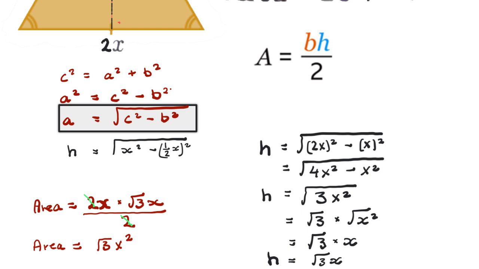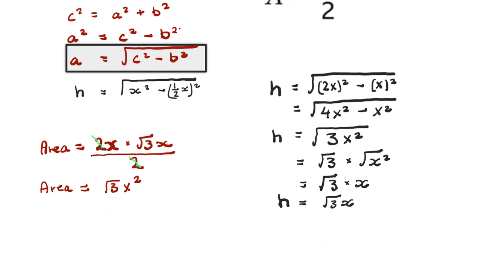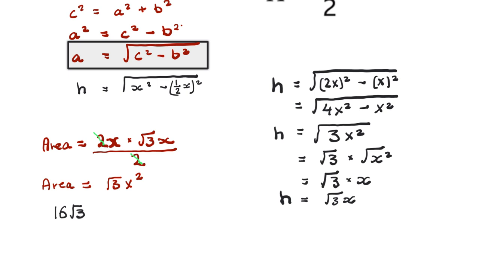So let's just equate that. 16 root 3 is equal to root 3 x squared. Now both sides have root 3, which means that we can cancel this root 3 and this root 3. So all we have at this moment is that 16 is equal to x squared. That means that x must be equal to 4.